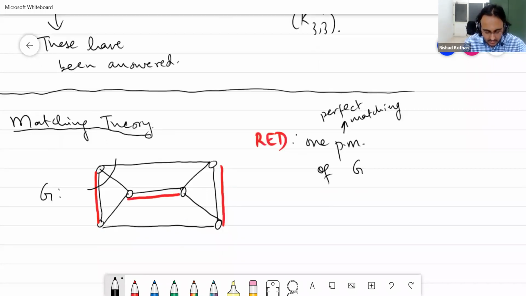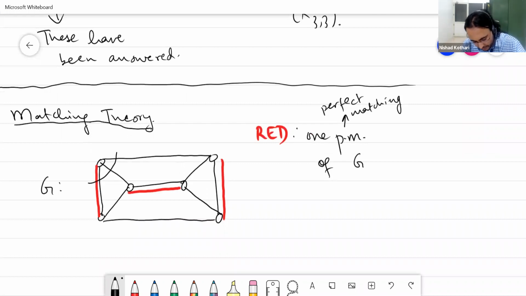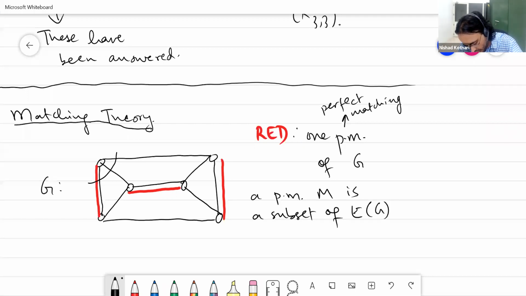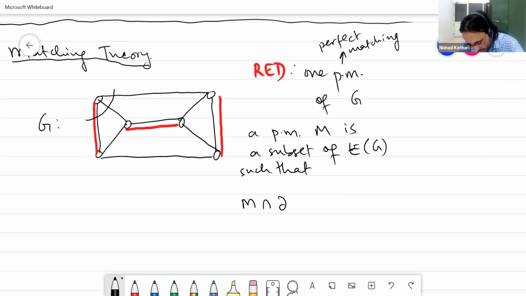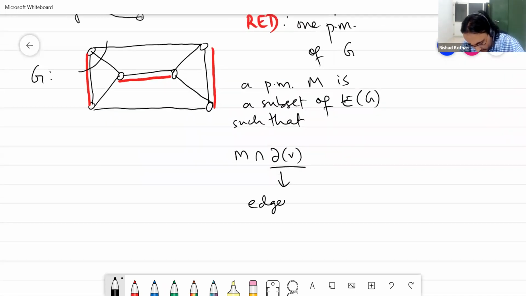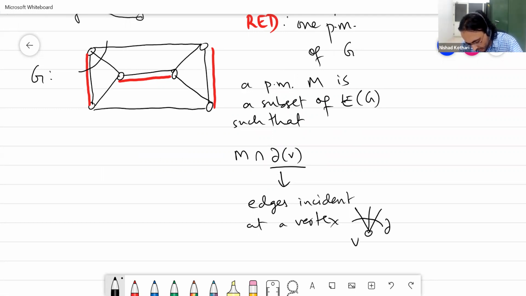To write a formal definition, a perfect matching M is a subset of the edges such that if you look at any vertex, and this is my notation for edges incident at a vertex, if you have a vertex v, then partial v refers to these edges.